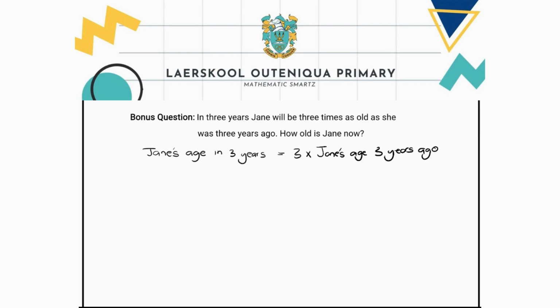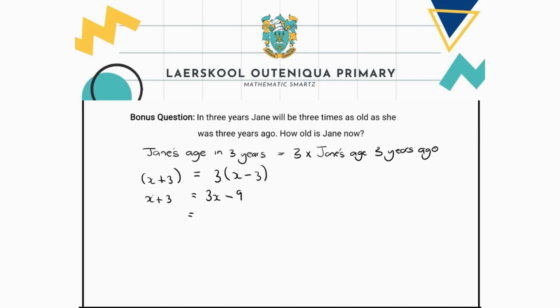Therefore, we'll have X plus 3 equals 3(X minus 3), which is 3x minus 9. To solve for x, we'll isolate the x terms on one side of the equation.